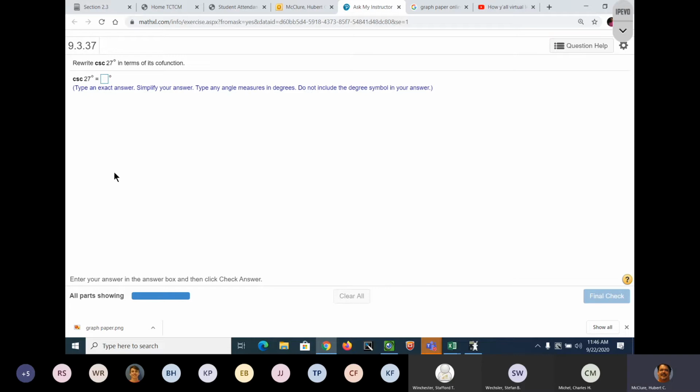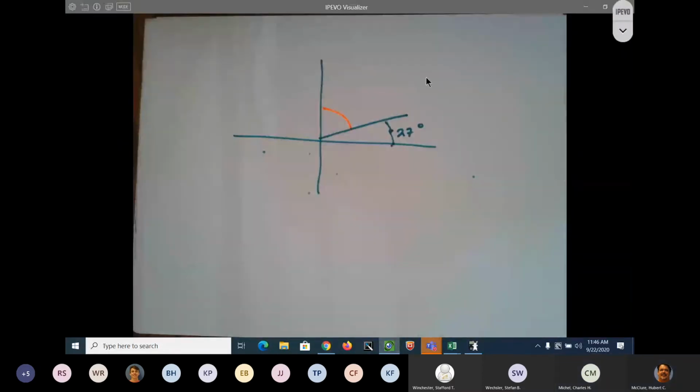So it looks like to me that the cofunction would be that right there. So what is the cofunction of 27 degrees, or the reference angle? The reference angle is what? That would be 63 degrees.